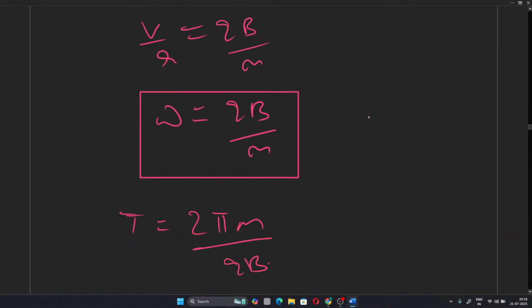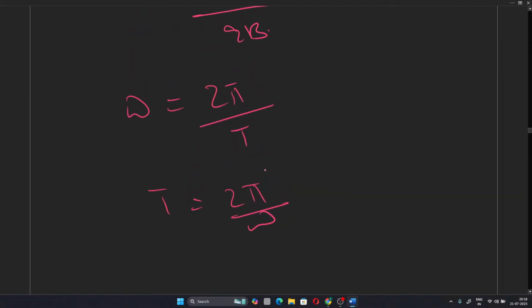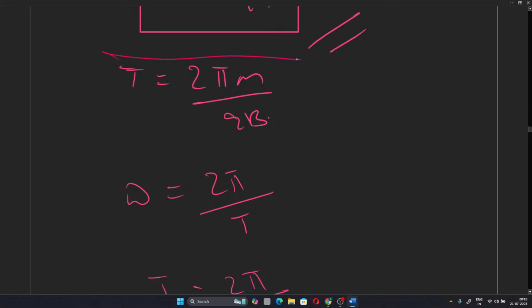We know that omega equals qB by m, so we substitute omega here and get that 2 pi m by qB is the time period.